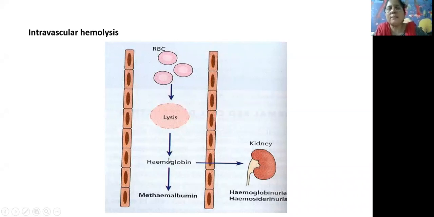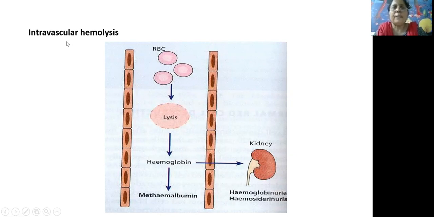So plasma is now red in color. This hemoglobin may combine with albumin and form methemalbumin to a certain extent. Hemoglobin is excreted in the kidney as hemoglobinuria or hemosideruria. Hemosideruria is when the hemoglobin is deposited within the tubules and that is excreted.